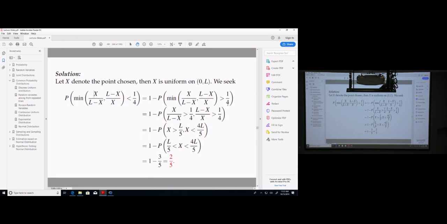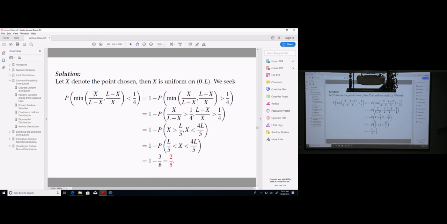Once you have this, you can solve this inequality. The first one leads to x bigger than L over 5. And because of uniform, you don't need to do the calculations, since it would be 4L over 5 minus L over 5, divided by L. So that is 3/5 of L over L, and so you have 3/5.